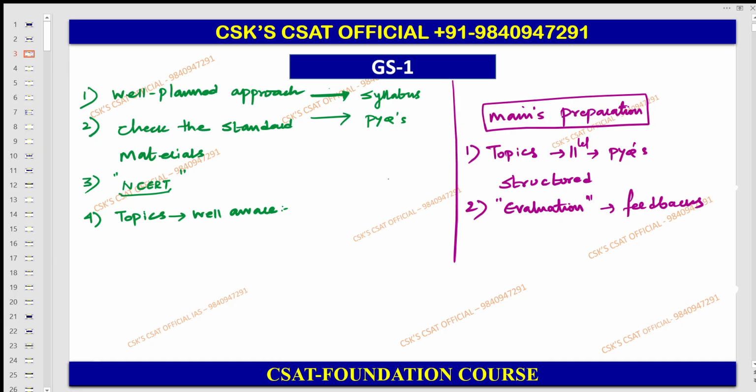Then you can move on with the sectional tests, as I mentioned, along with the syllabus. Then you can go with the full length. So in a structured manner you can approach your mains, not only with respect to GS, but with respect to all the GS papers.